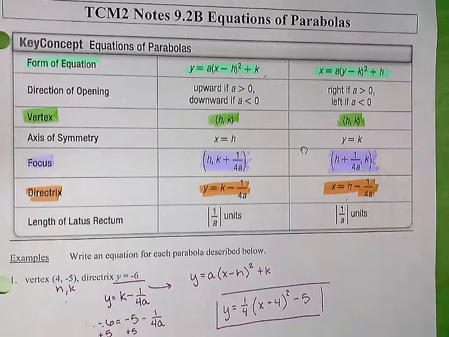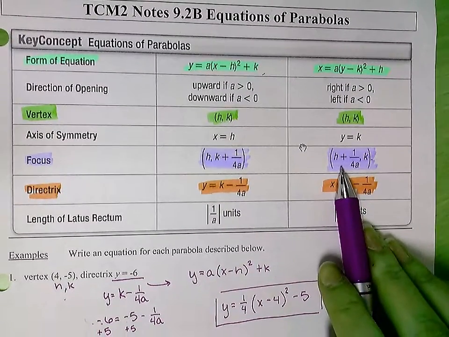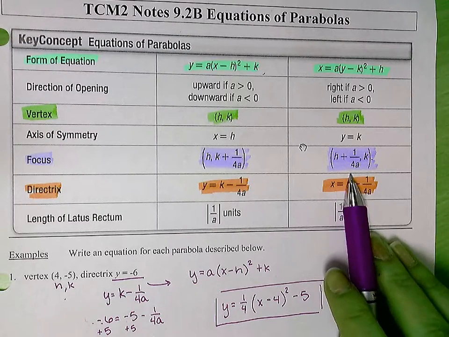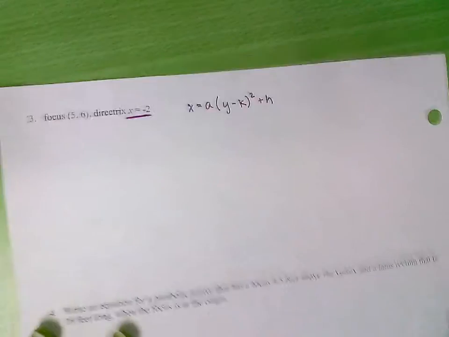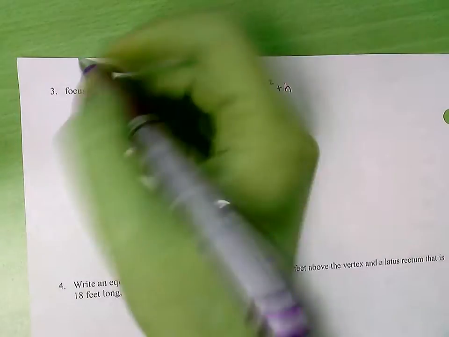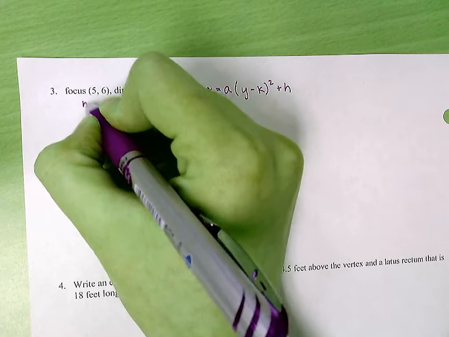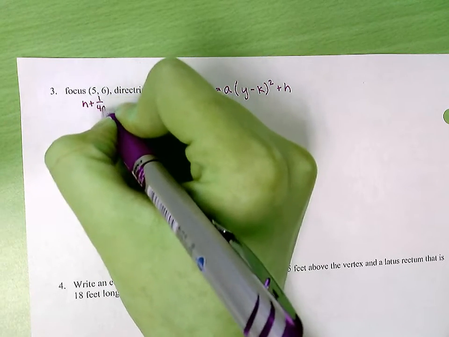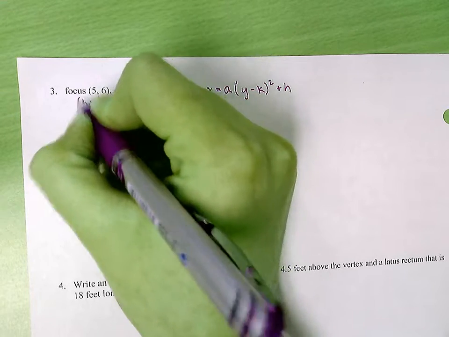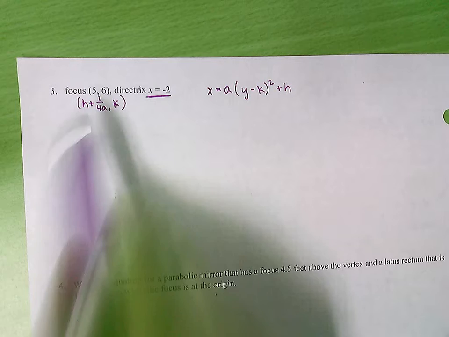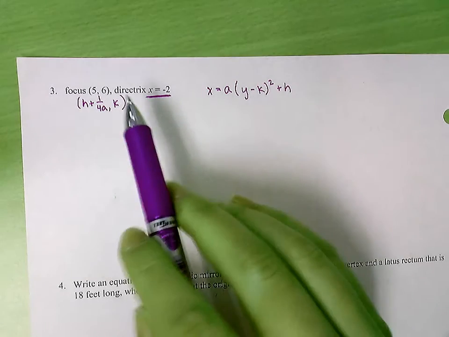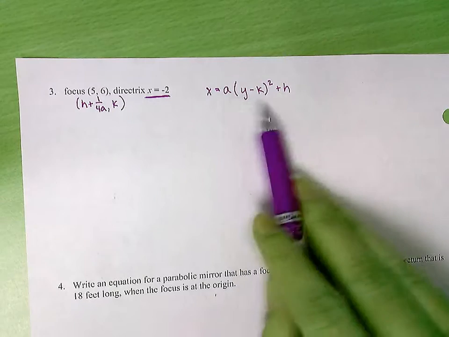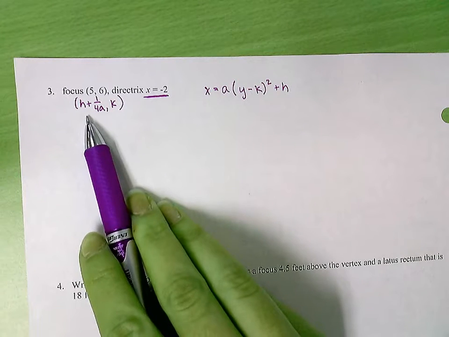Okay, so if I look back here, my focus is this right here, and I'm going to label that underneath that coordinate. So we have h plus 1 over 4a, comma k. So here would be h plus 1 over 4a, comma k. Okay, so that's what this point is right here. So right now I have k. So k is 6, but I don't know what h is.